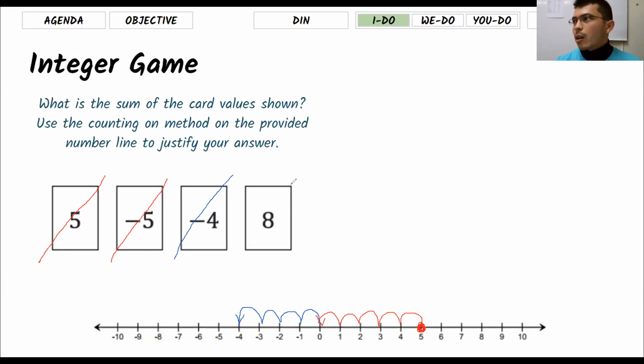So let's play the last card. If you have positive 8, how many units do you need to go, and where? 4 to go back to 0. But I have a card 8. So you're going to go 8 steps. Let me use another color to distinguish this, and I have green.